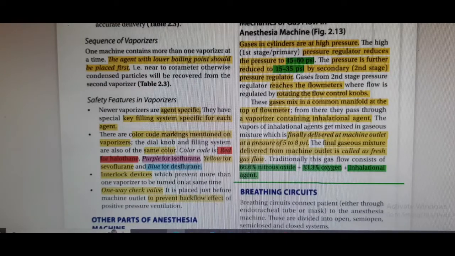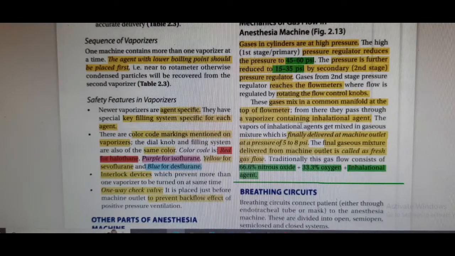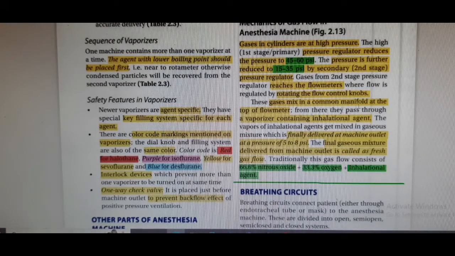In the flow meters, the rate of flow of the gases is controlled by flow control knobs. From there, the gases are mixed under one common manifold above the flow meters so they can move to the vaporizers, and after mixing they pass into the vaporizer so that they get mixed with the inhalational agents as well.